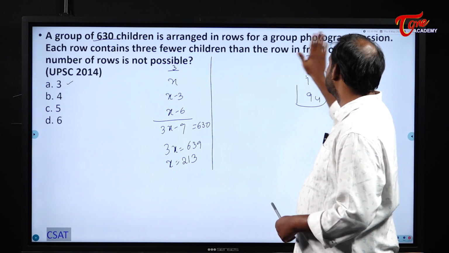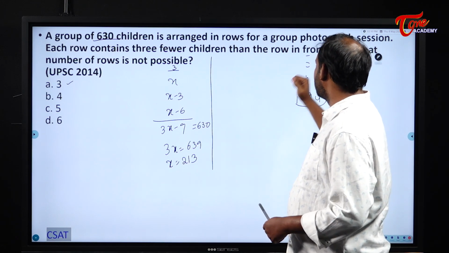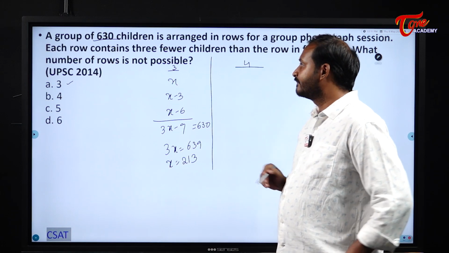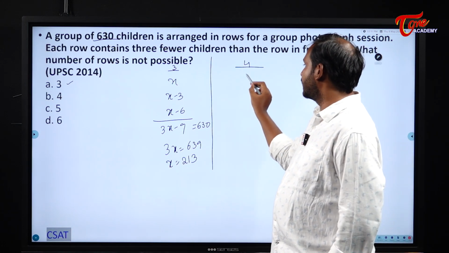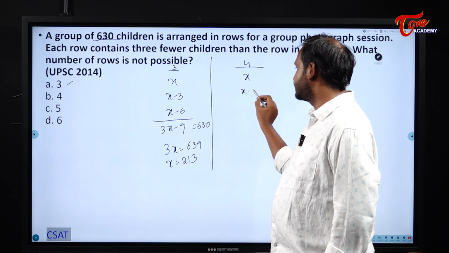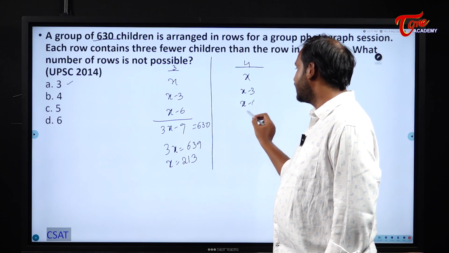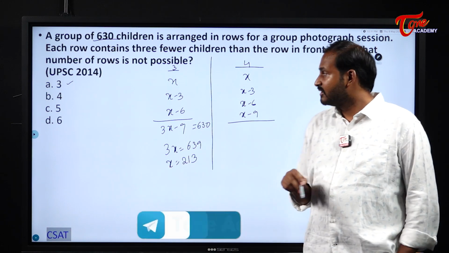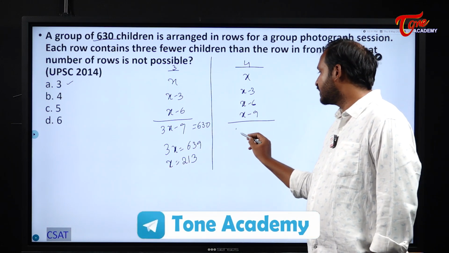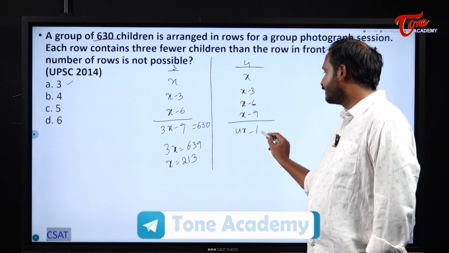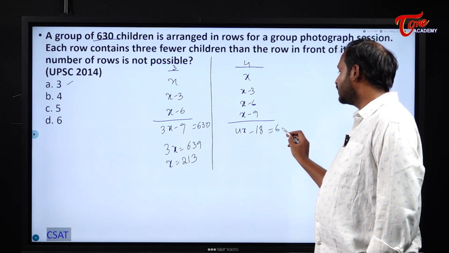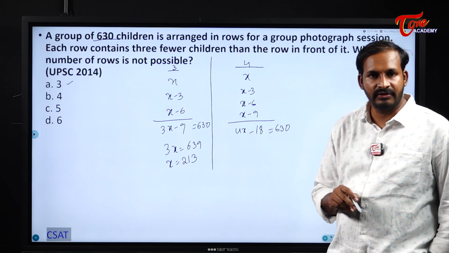Next, I will check the second option. What is the second option given for us? 4. For example, if 4 rows are there. In the first row, let us assume x. Next row, it will become x minus 3. Next row, x minus 6. And next row, it is x minus 9. So, the total of this is 4x minus 18. 4x minus 18 should be equal to my total 630.